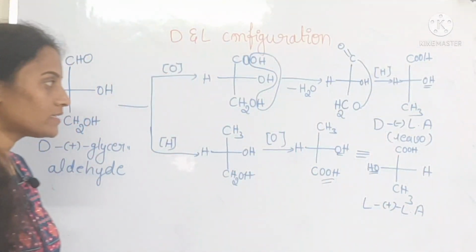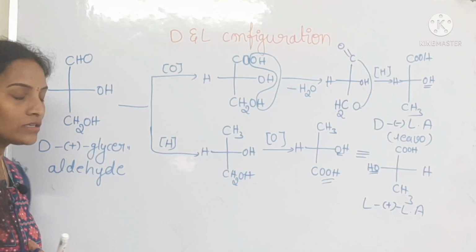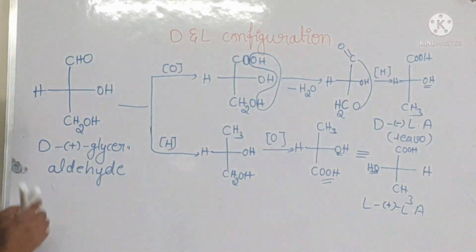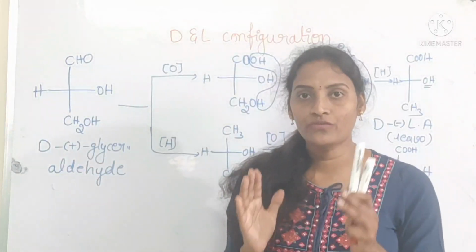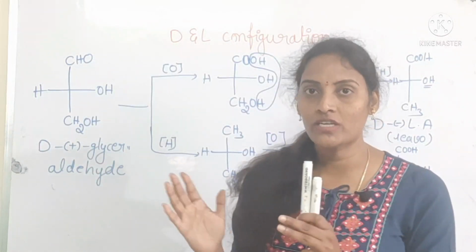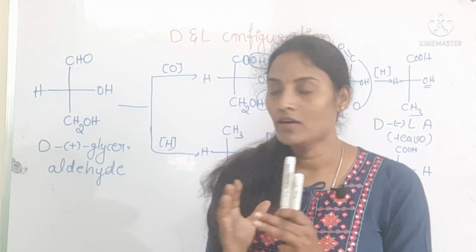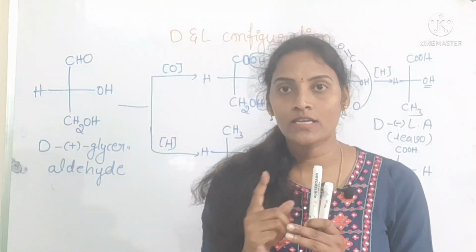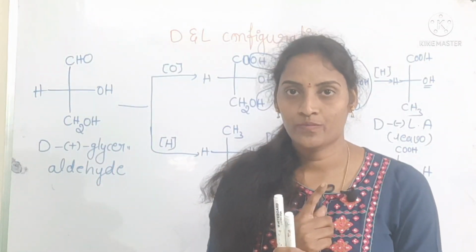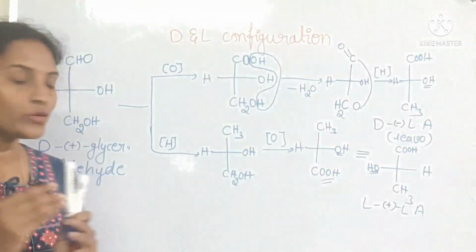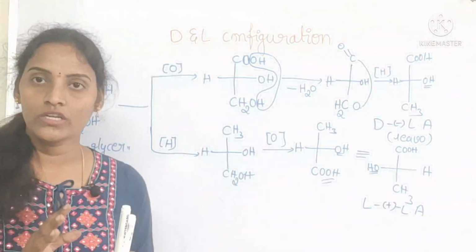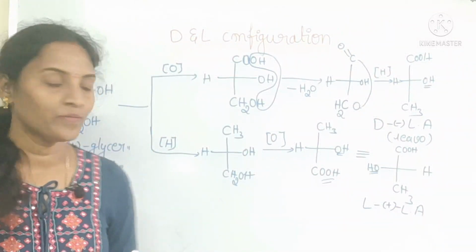So by seeing this, what have you concluded here? The reaction starts with the plus form of D-glyceraldehyde. That means this D-glyceraldehyde configuration compound rotates in dextrorotation. But that is only possible for glyceraldehyde, not for all molecules.